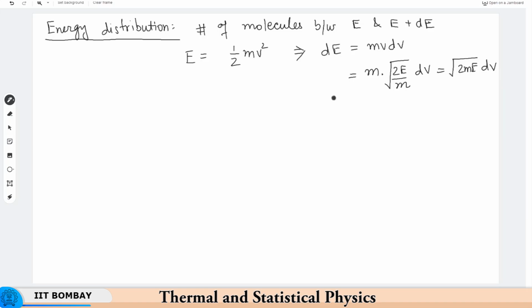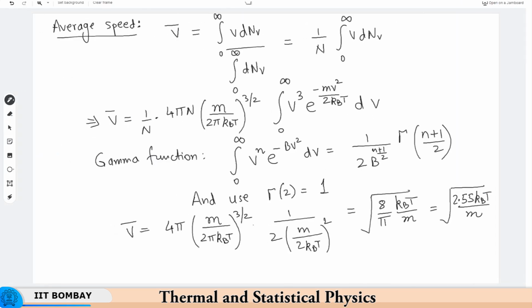So, your dE is basically square root of 2mE dV. Therefore, we can write dV in this way. So, dV becomes (2mE) raised to the power minus 1 by 2 dE. So, we have calculated the differential of velocity in terms of the differential of energy, and all we have to do is substitute this dV into the Maxwell distribution.